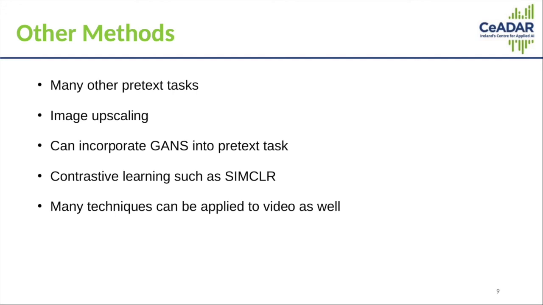One notable example of this is CeADAR, which has been very successful recently, and differs a little bit from the normal pretext task paradigm. It's also important to note that many of these techniques can be applied to videos as well, so colorization, upscaling, things like that, you can just as easily use these methods for feature extraction on videos as well.